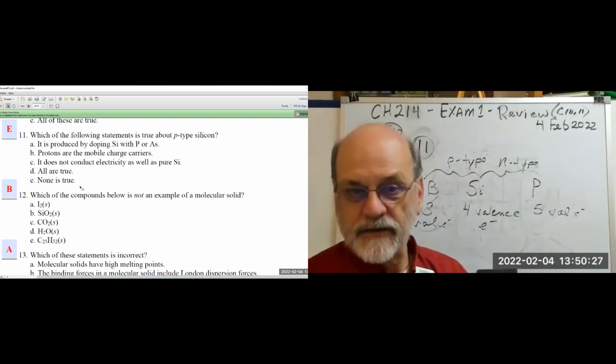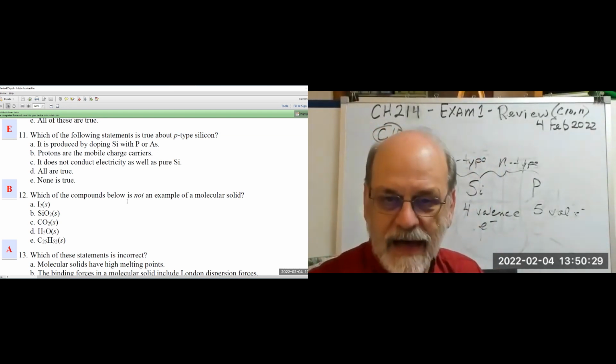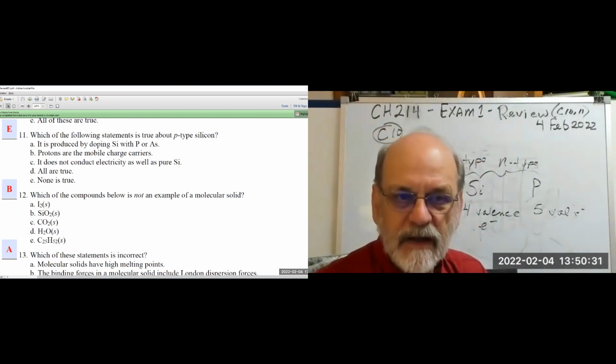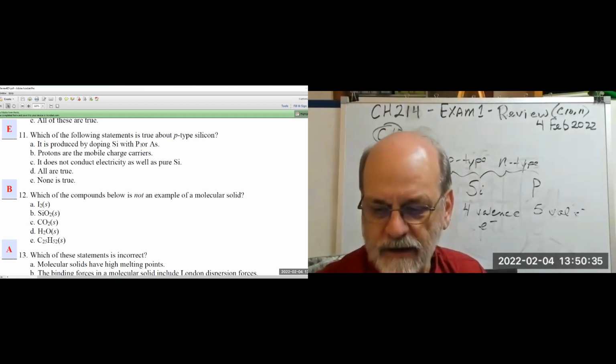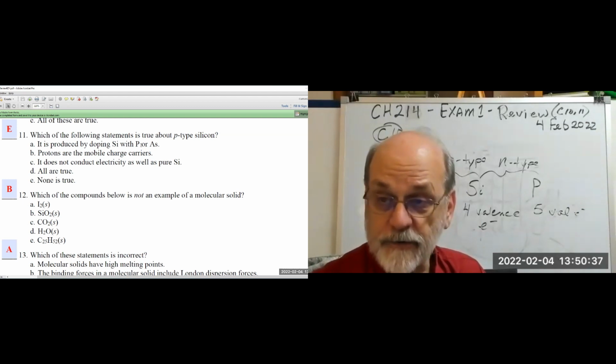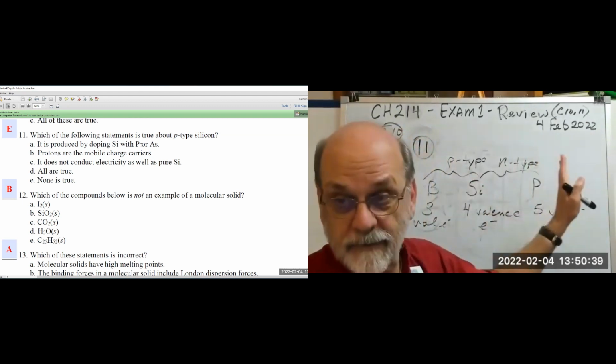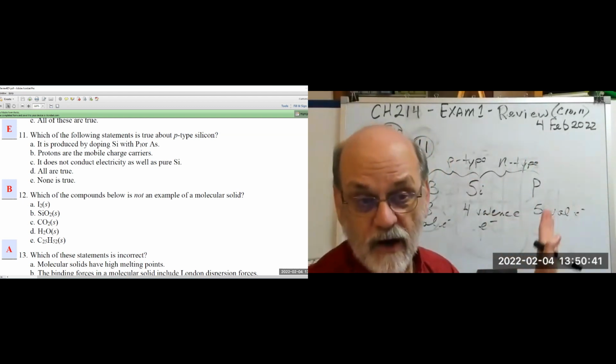Okay. So now that we've reviewed that, a P-type silicon is produced by doping silicon with phosphorus or arsenic. Well, no, phosphorus and arsenic are both to the right. It makes an N-type. So A is false.